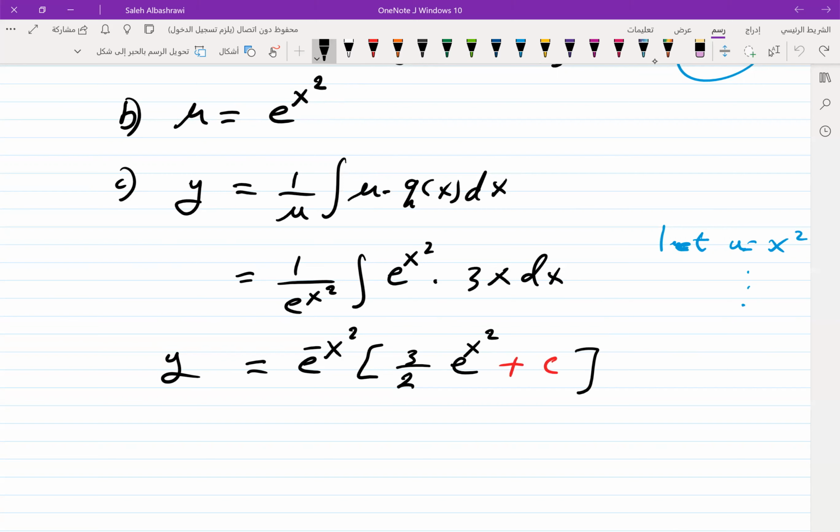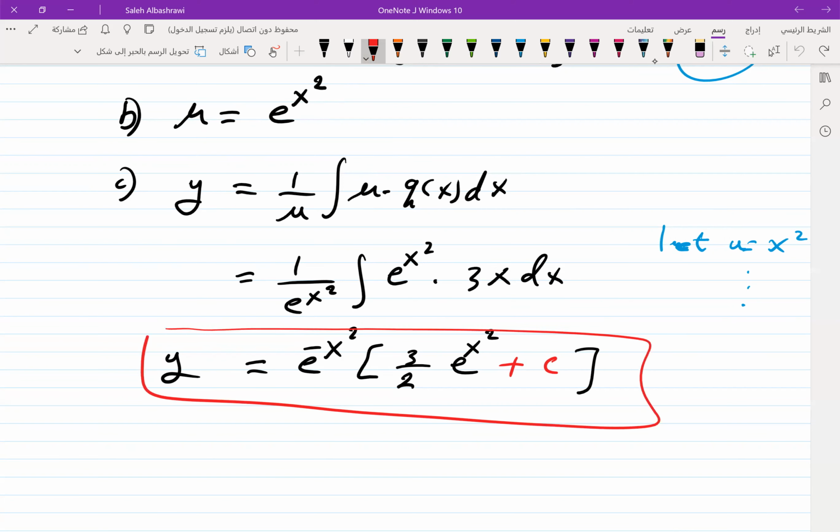So the solution is y equal e to power minus x squared multiplied by 3 over 2 times e to power x squared plus the constant c. And this will be the solution of the differential equation.